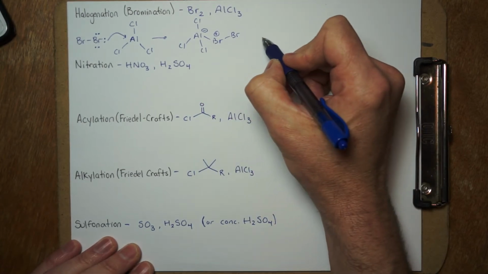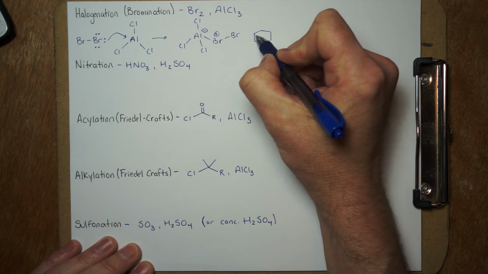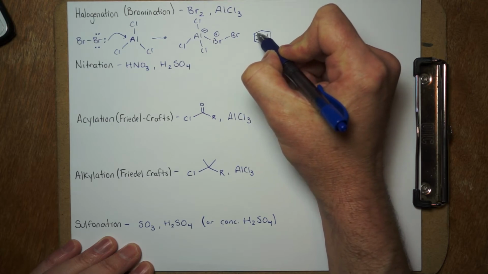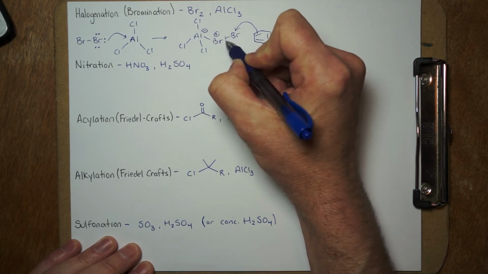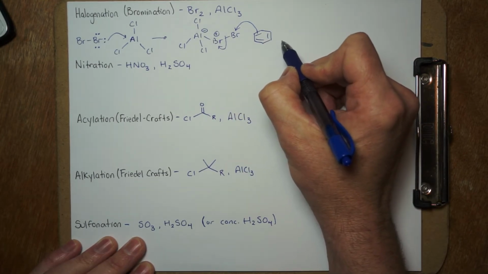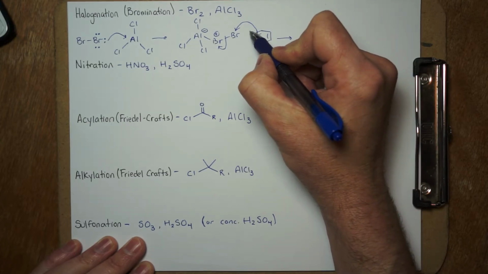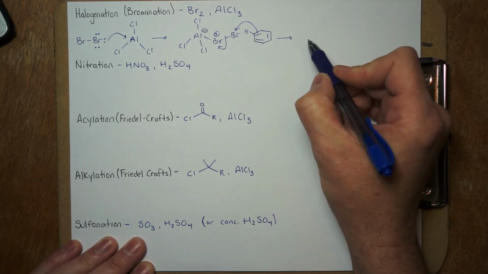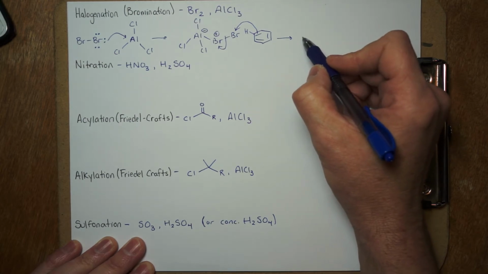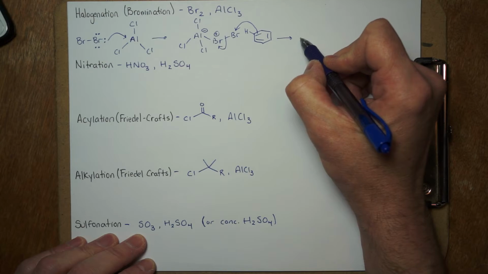And I'm going to move things around here a little bit. Okay, now our benzene comes in. Make a bond from carbon to bromine. You can draw the hydrogen here if you want. It's not super important in this step of the mechanism.